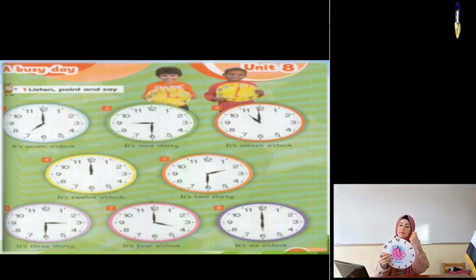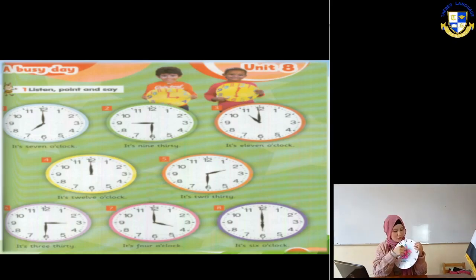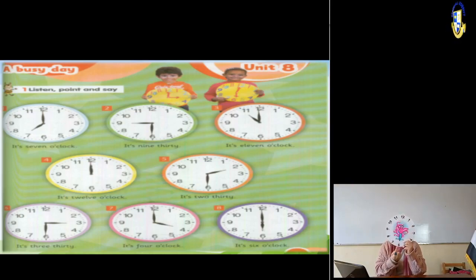So it's 12 o'clock. Number 5, we have the short arm on 2 and the long arm on 6. It will be 2:30.